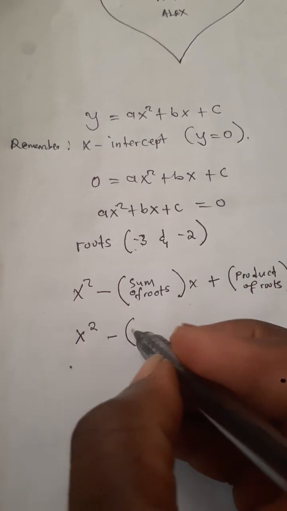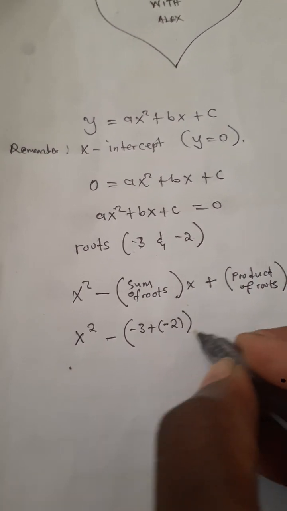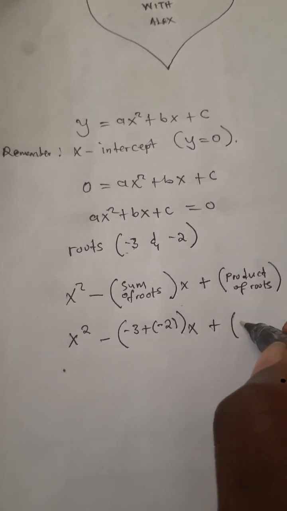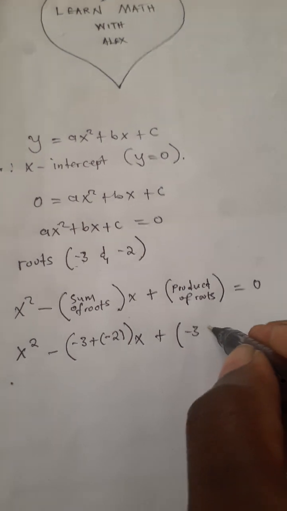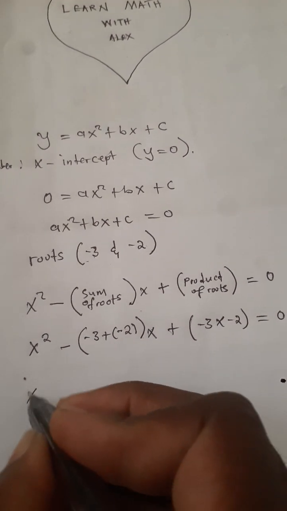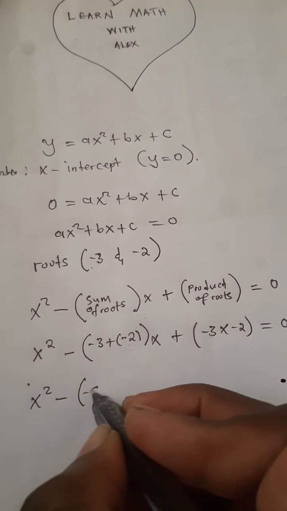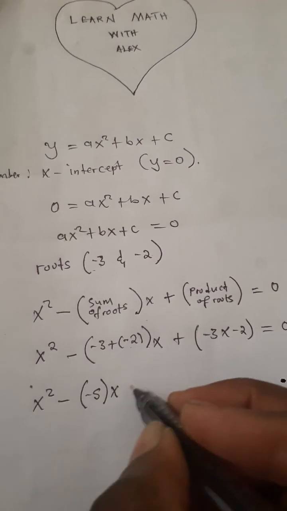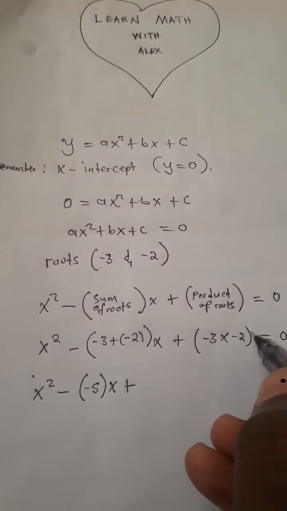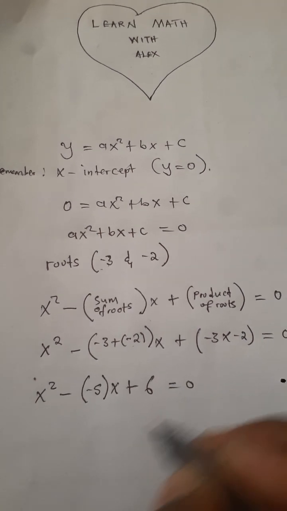So the sum of the roots is negative 3 plus negative 2, times x, plus the product, which is negative 3 times negative 2, is equal to 0. So we have x squared minus negative 5 times x, plus the product, negative 3 times negative 2, which is positive 6, is equal to 0.